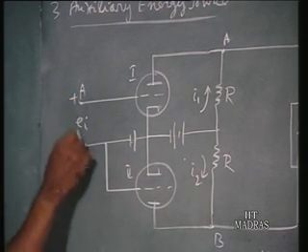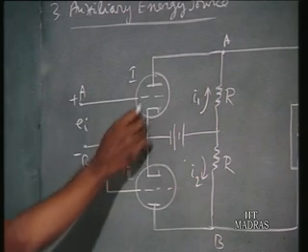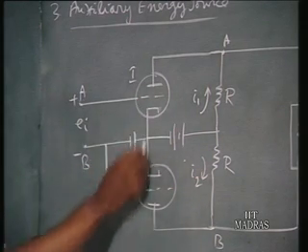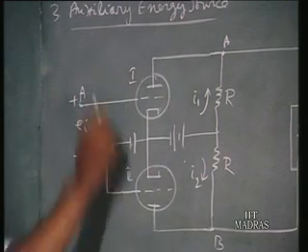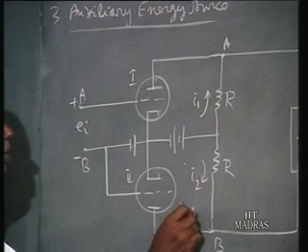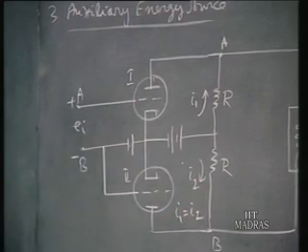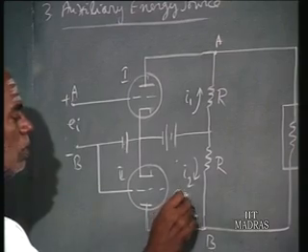So when we short circuit A and B, that means the same grid to cathode voltage is there in both the tubes. So the cathode to plate current flow will be the same. So I1 is equal to I2 when EI is 0.